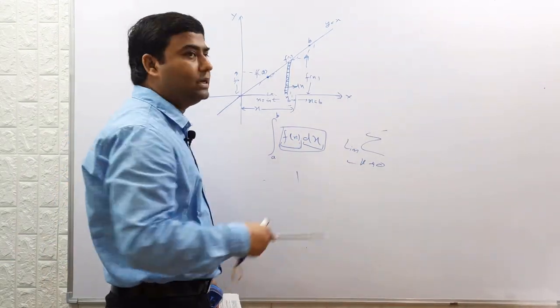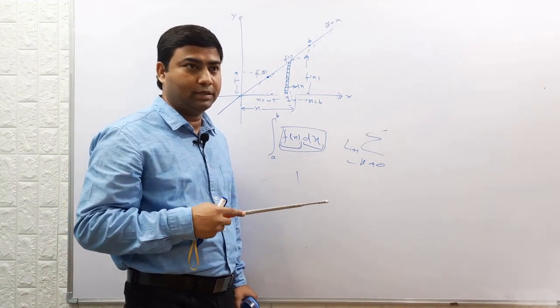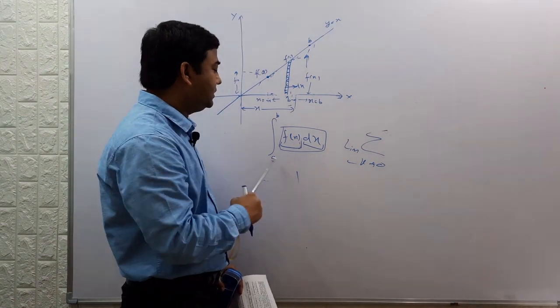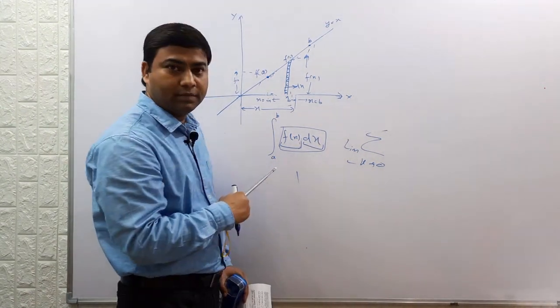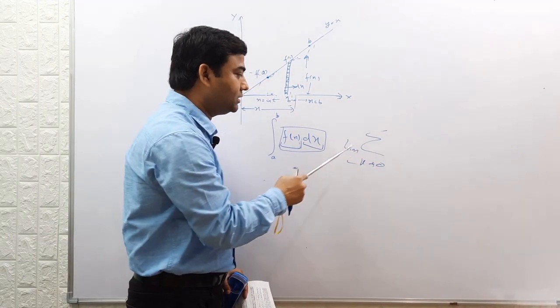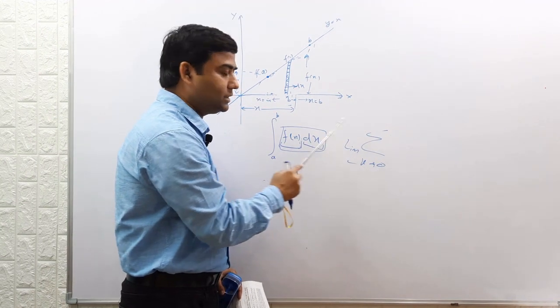The concept of limit was simplified by Cauchy. They properly defined what integration actually is: the sum of an infinite series with the limit of delta x tending to 0.